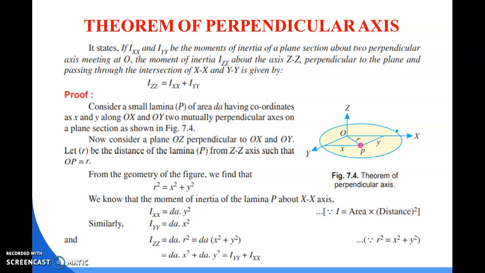So now comes the theorem of perpendicular axis.